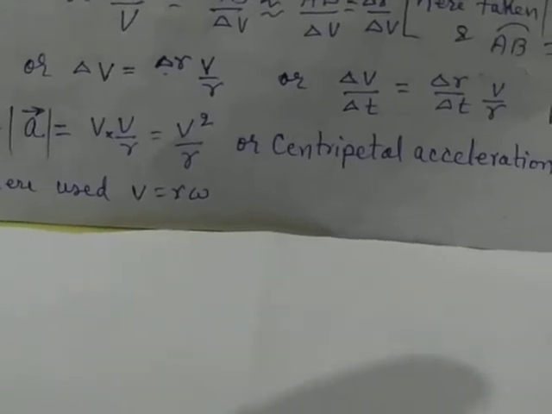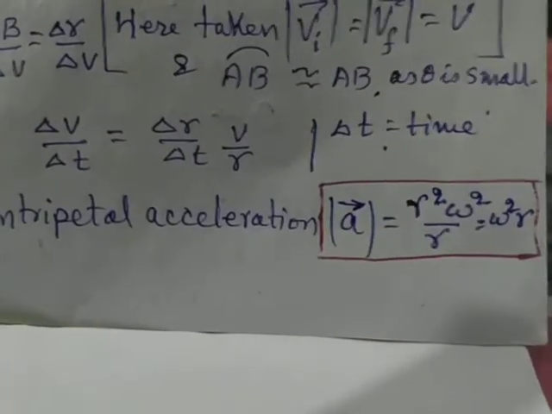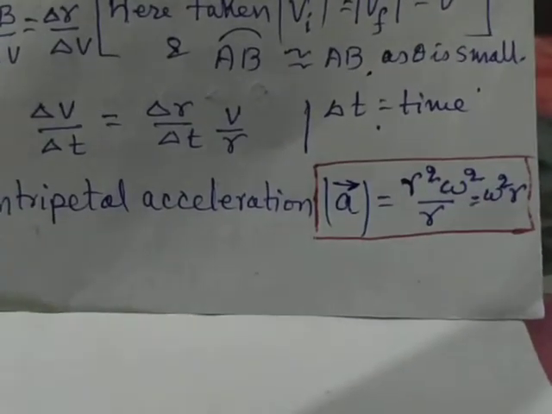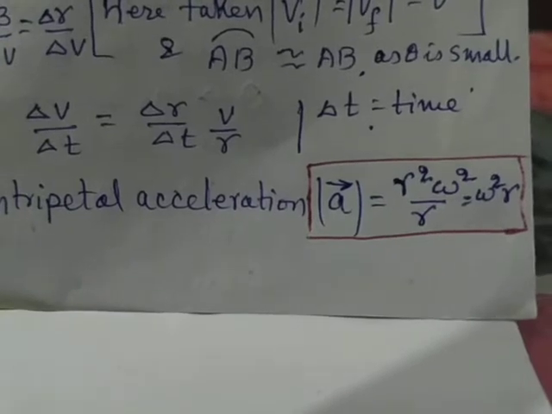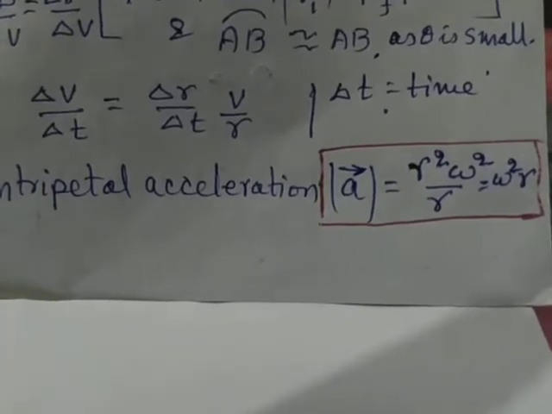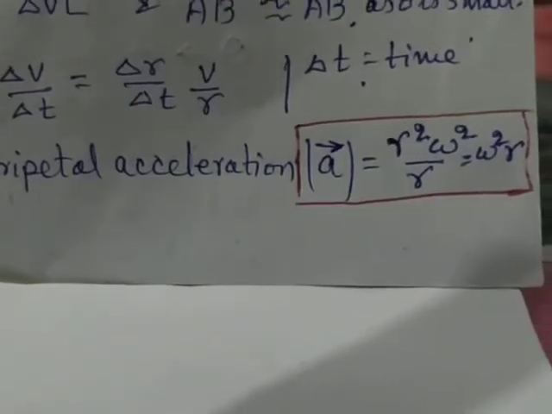Now if we use the relation V equals r omega, we have acceleration also expressed in terms of angular speed, and for V square we write r square omega square, and r in the denominator cancels out to give omega square r.